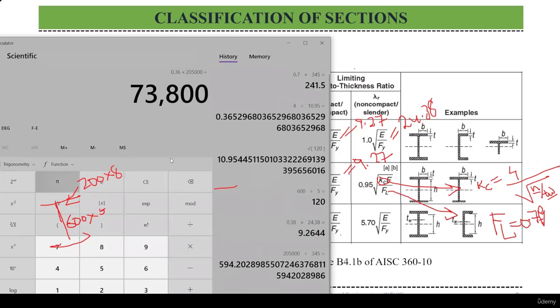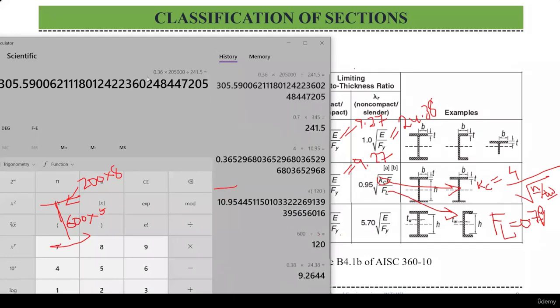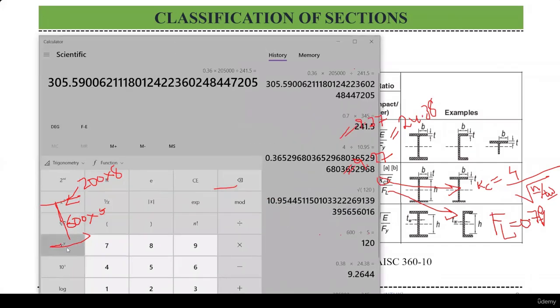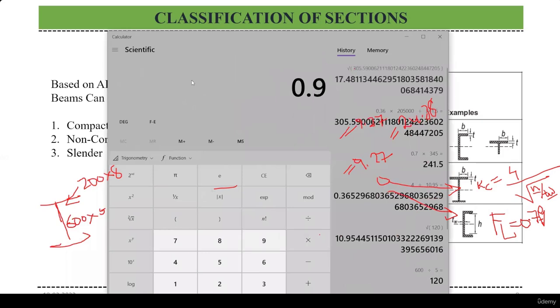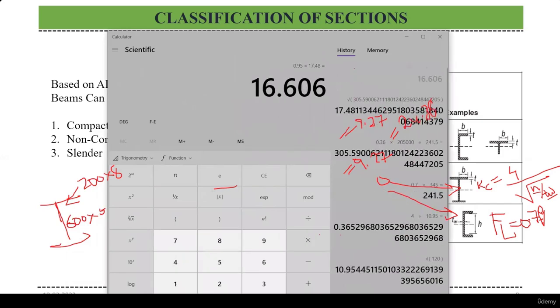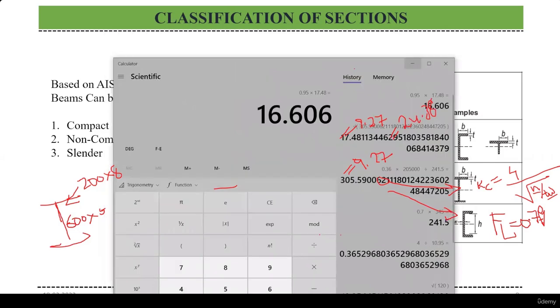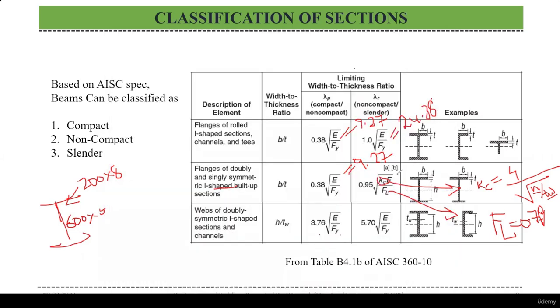FL is 0.7 Fy, as you have seen just now, that is 241.5. We have to square root it, so that it gives you 17.48 something. So 0.95 into 17.48 gives you 16.06, right? Here you have got a value of 16.06.